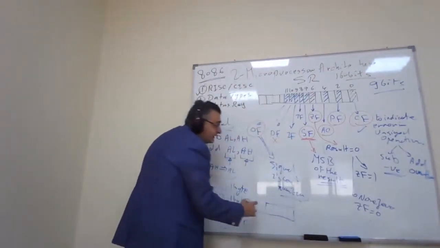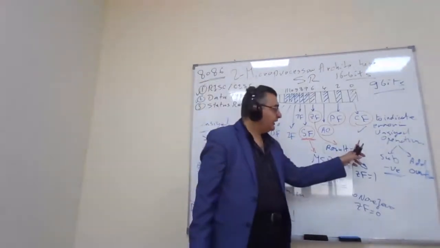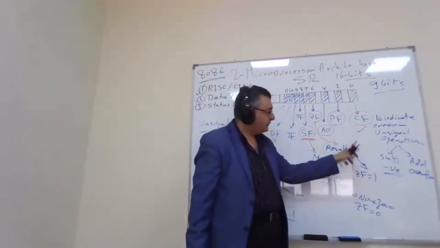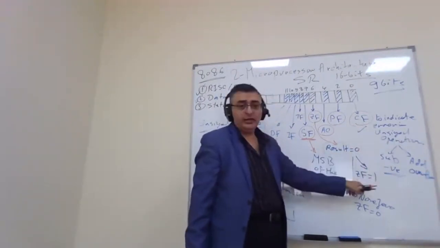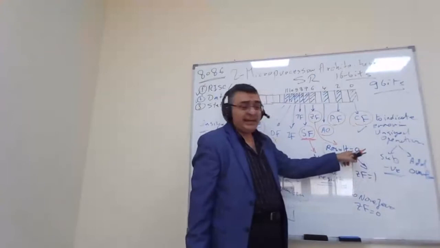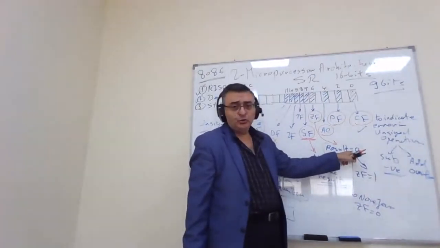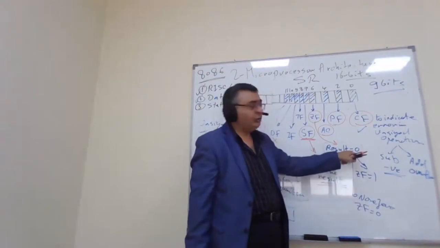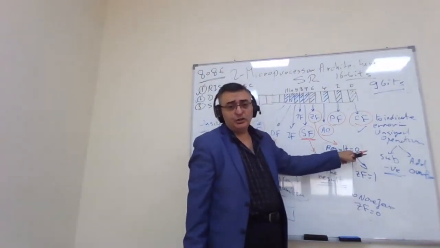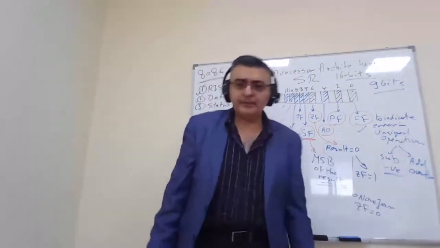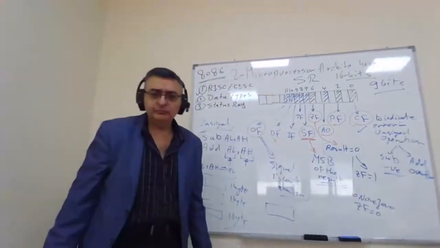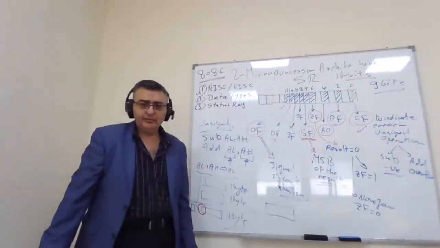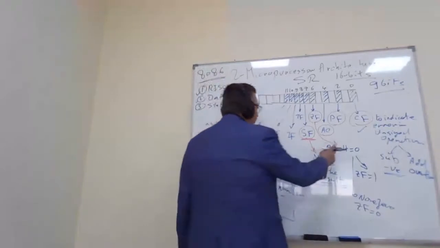I want to detect this, so I use a NOR, because if I have any bit that equals 1, I need this to be 0. If all of the bits equal zero, the NOR will give me 1. Exactly, perfect. So this is a NOR.